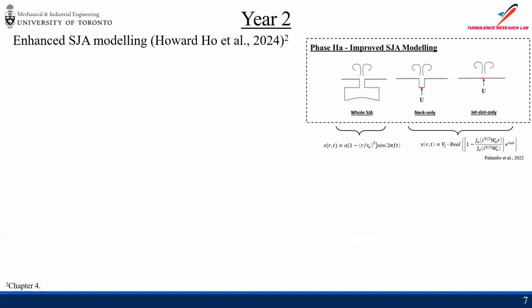Now, moving on to year two, where I looked at how to reduce some of the computational costs of modeling SJA. The work in year one was done with a whole SJA method. So I simulated the cavity, and it's actually a morphing mesh with dynamic mesh. Basically, every time step, the mesh moves, and I have to solve at least 4 to 5 more equations.